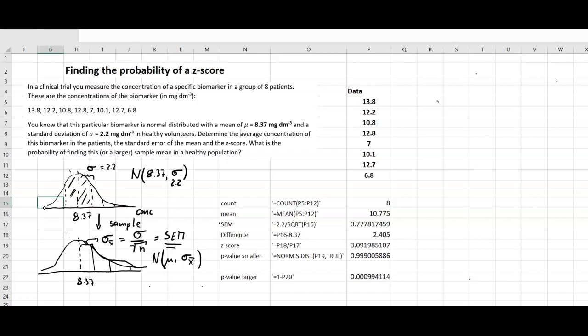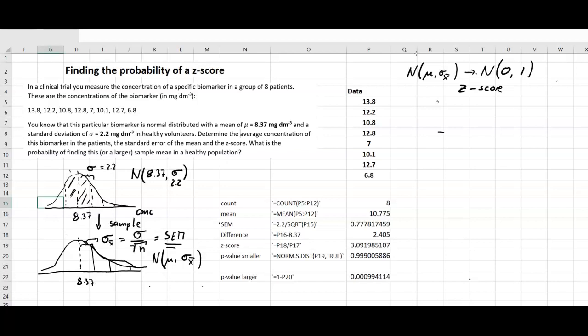And since it is quite cumbersome to calculate any p-values from something like that, we can convert this sampling distribution into a standardized normal distribution, where we use the mean of 0 and the standard deviation of 1. What we do is just simply, instead of the mean, we use a z-score.